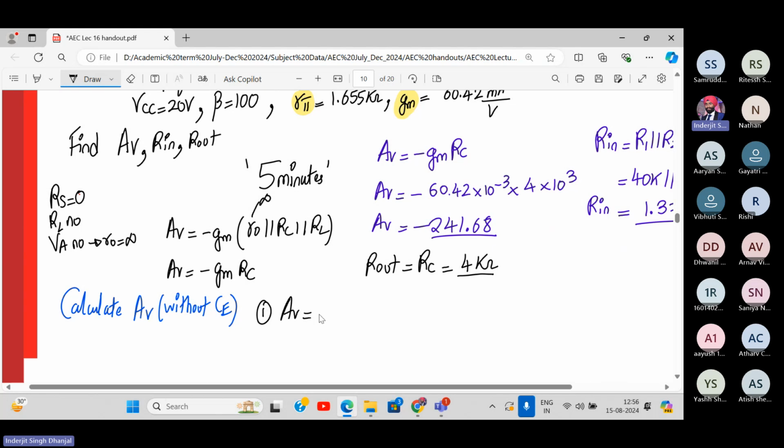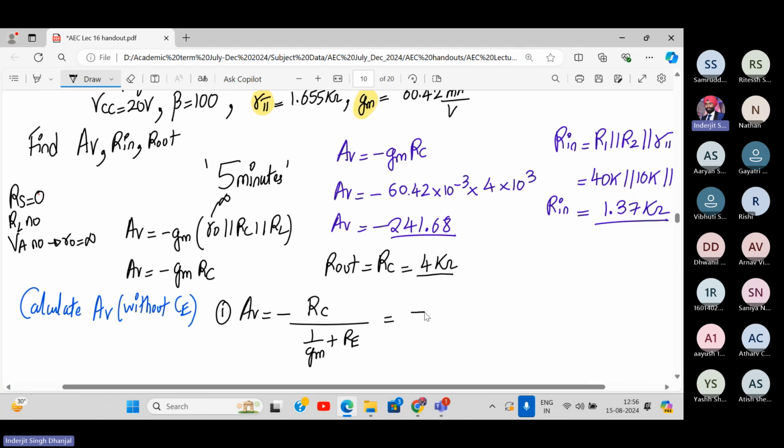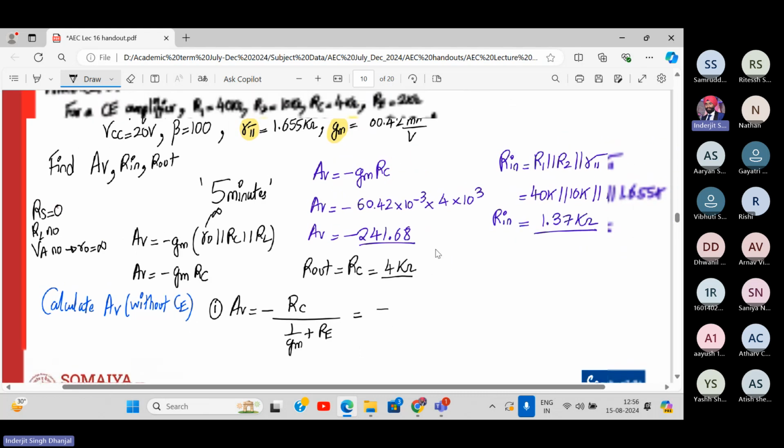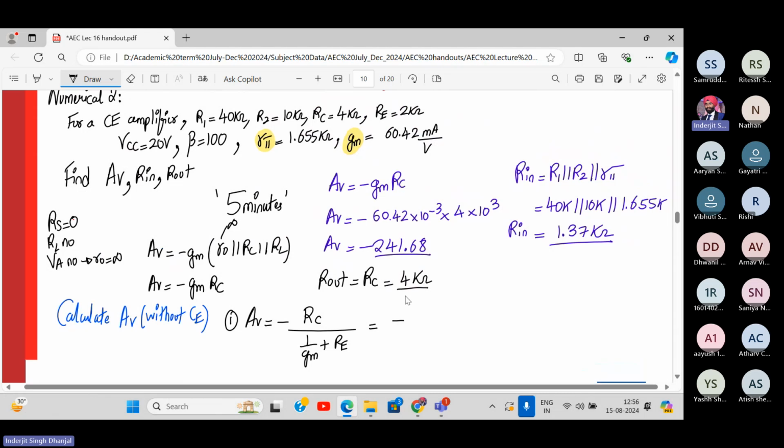AV is minus RC upon 1 upon GM plus RE. So calculate this number. It will be minus RC is 4K, meaning 4 into 10 to the 3. This will be 1 upon GM, which is 0.42 into 10 to the minus 3, plus RE. RE is 2 kilo ohm, 2 into 10 to the 3. So can you tell me this number?